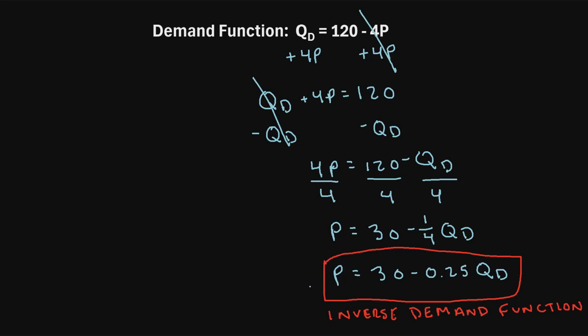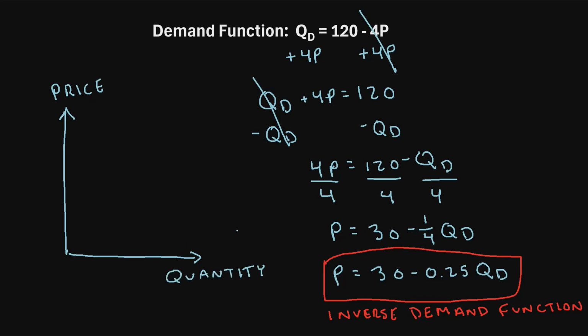Now, one reason that you might actually calculate the inverse demand function in the first place is because when we graph demand and supply functions, on the y-axis we always use price, and on the x-axis we always use quantity. And typically when we graph lines, we use the form y equals mx plus b, which the inverse demand function is in the format of, where b is 30 in this case, and this is the y-intercept.